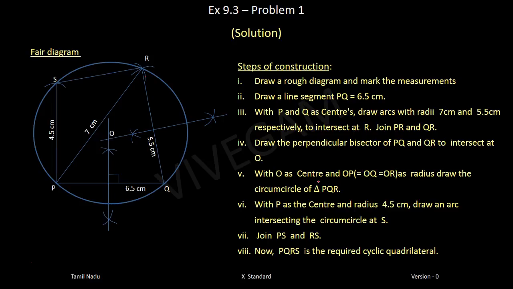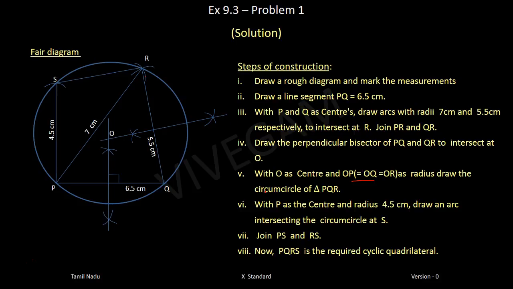Now with O as a center and OP or OQ or OR, all three are equal, as radius, draw the circle of triangle PQR. PQR we have already done, right? This is a triangle. Draw this circumcircle, which will enclose the triangle PQR.